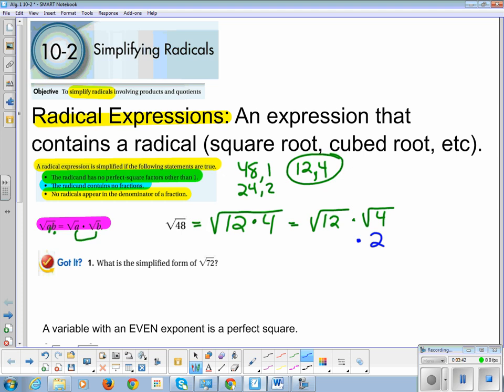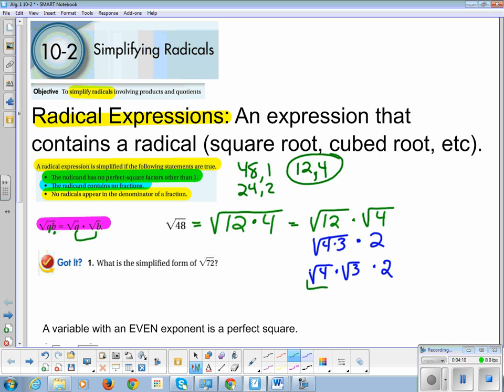Can I rewrite 12 as 4 times 3? And then can I apply this same property to 12? 12 is 4 times 3. The square root of 4 times 3 is the square root of 4 times the square root of 3.